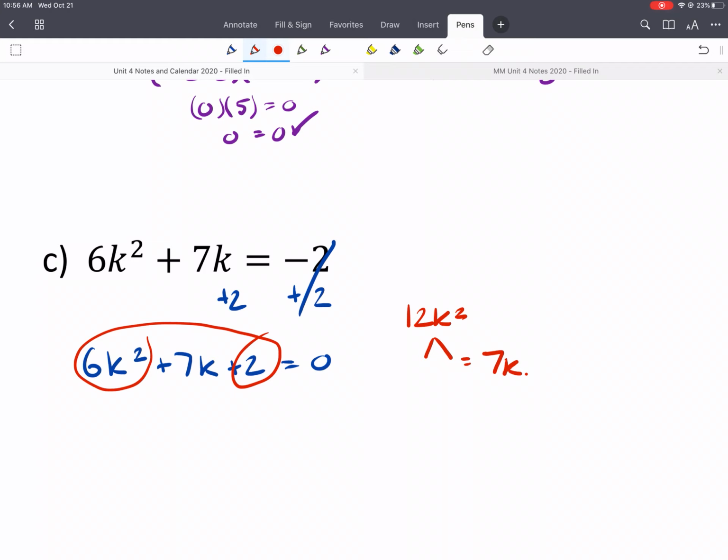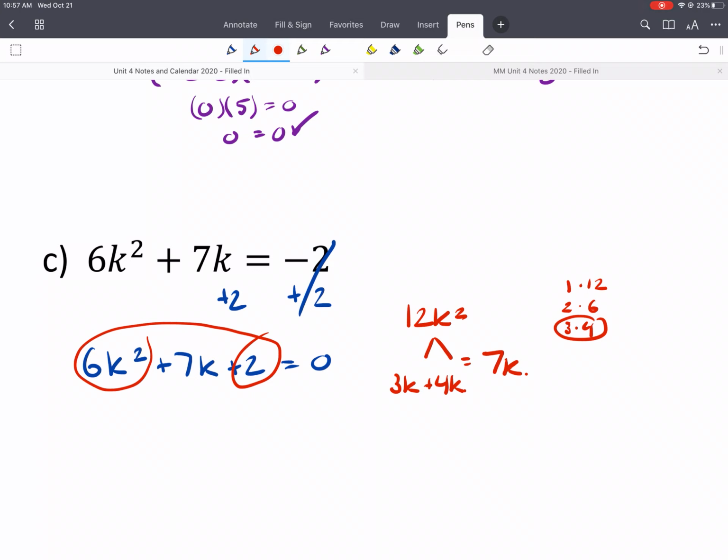What would make that work? So you could do 1 and 12, or 2 and 6, or 3 and 4. Looks like 3 and 4 would work great. So 3k plus 4k, and if we multiply it, gives us the 12.